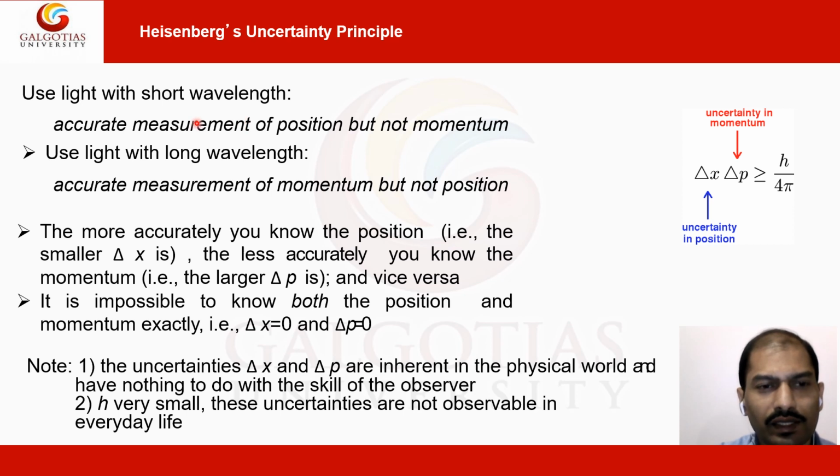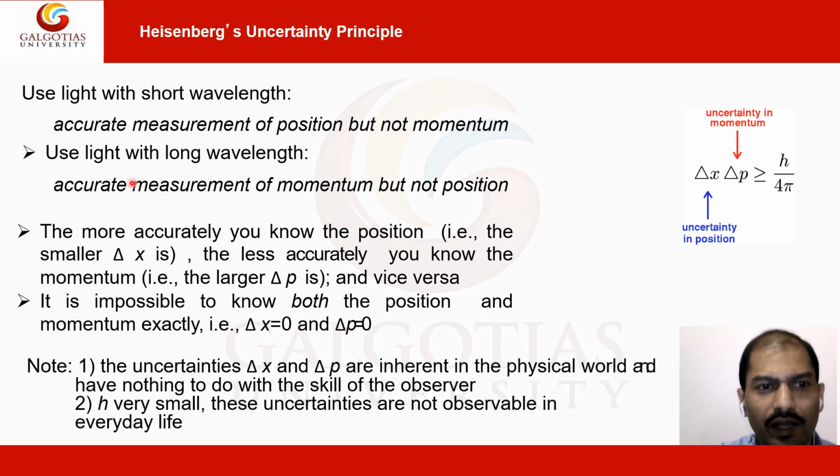Using light with short wavelength gives accurate measurement of position but not momentum. This means there is uncertainty in finding out exactly the position and momentum, and that is why this is called the uncertainty principle.